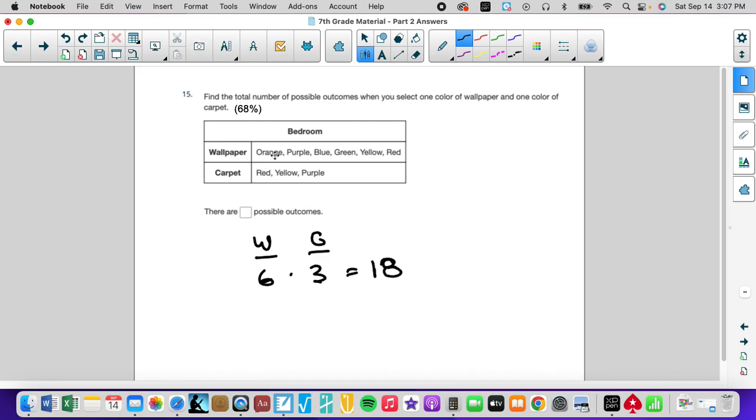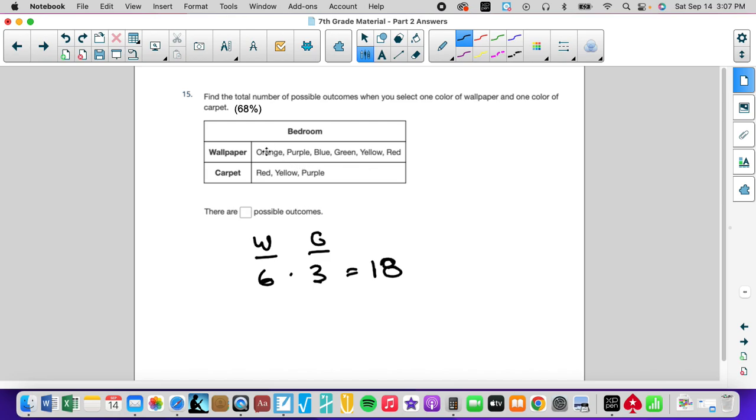And it's OR, OY, OP, PR, PY, PP, BR, BY, BP, GR, GY, GP, YR, YY, YP, RR, RY, RP. So each one of these gets 3 different combinations.